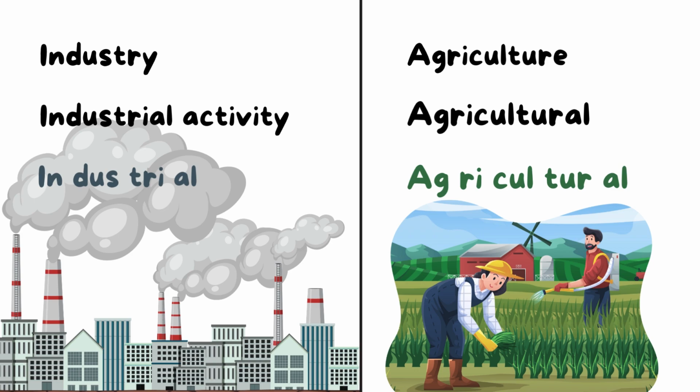And agricultural activities come from agriculture, and we can easily write this word as ag, ri, cul, agricul, then we have t-u-r-e, which makes the sound chur, and if we put instead of the last e, al, it's an adjective and it is pronounced as chural.